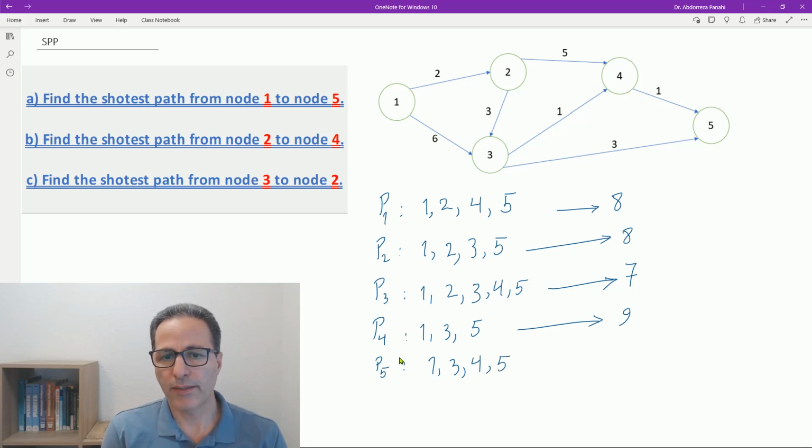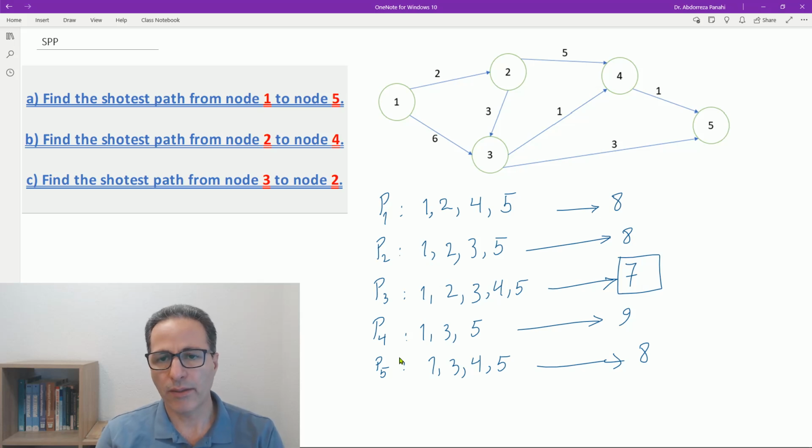In this case, we have 6 plus 1, 7, plus 1, 8. And finally, we can see that this is the shortest path that we found in the previous video by the Dijkstra algorithm. And right now, we will solve it as a linear programming model, or better to say, as the min cost flow problem. Now let's see what we can say about the shortest path from 2 to 4.